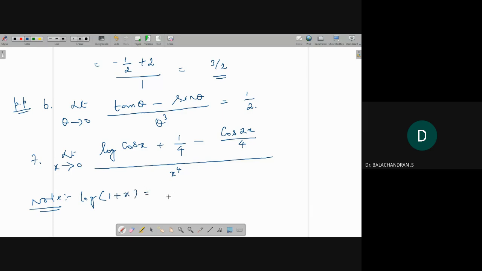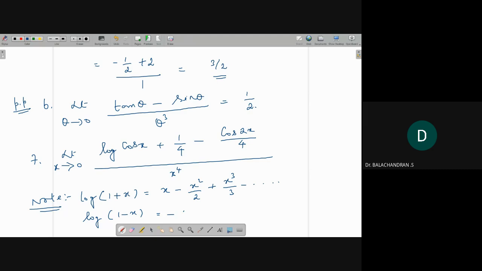Log of 1 plus x is what? x minus x squared by 2 plus x cubed by 3. But we will study the logarithmic series in algebra in the third unit. But here I need this result.